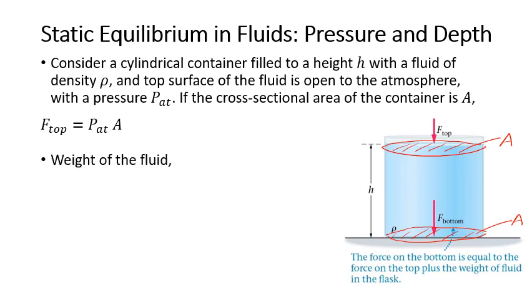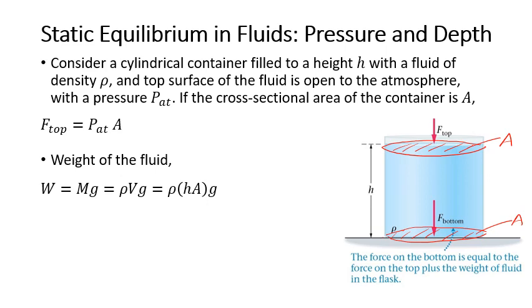And if you want to calculate the force at the bottom surface, first of all you have to find the weight of the fluid. Weight is given by mass times the gravitational acceleration constant. And if you remember the density equation, density equals mass divided by volume. Using that, you can get the mass as density multiplied by volume.